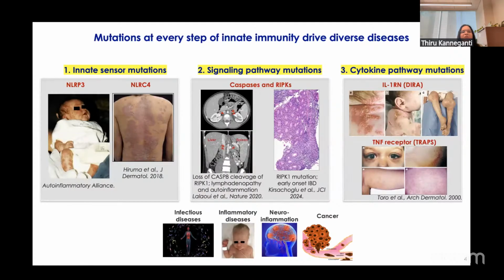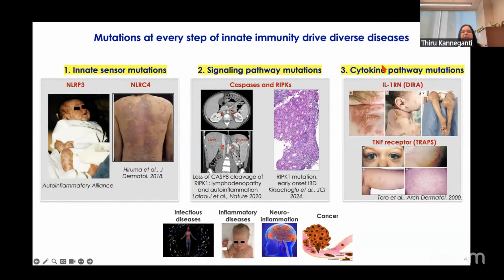But before we even go into innate immune sensors or innate immune cell death, mutations at every step of innate immunity and cell death lead to disease, right? So for example, mutations in innate immune sensor molecules like NLRP3 or NLRC4 lead to autoinflammatory diseases. And mutations in signaling pathway molecules like caspases or RIPK are also involved in driving inflammatory responses.